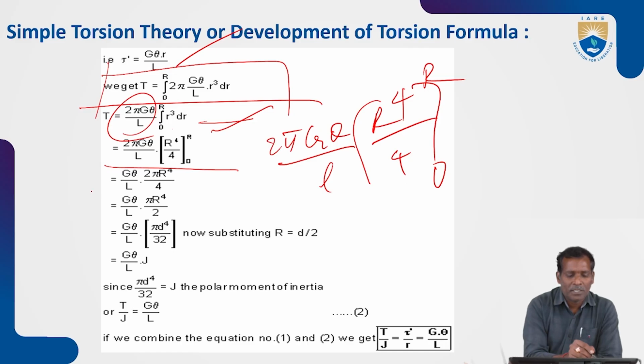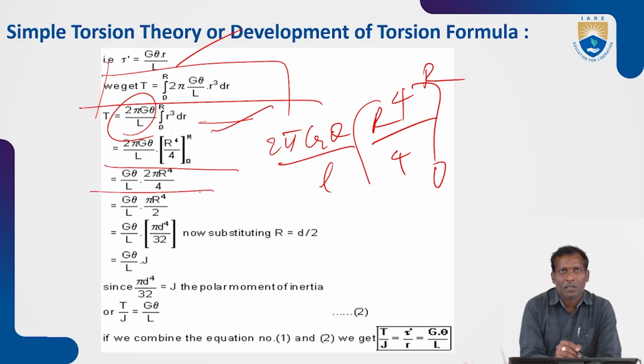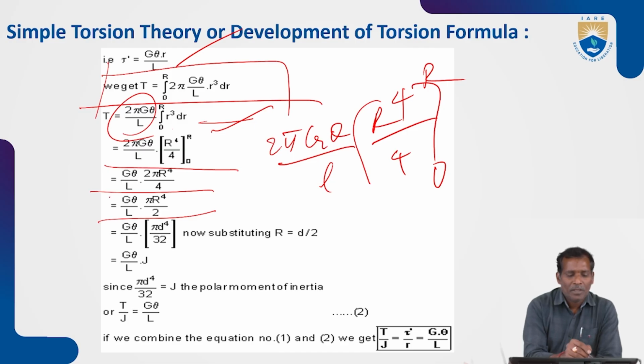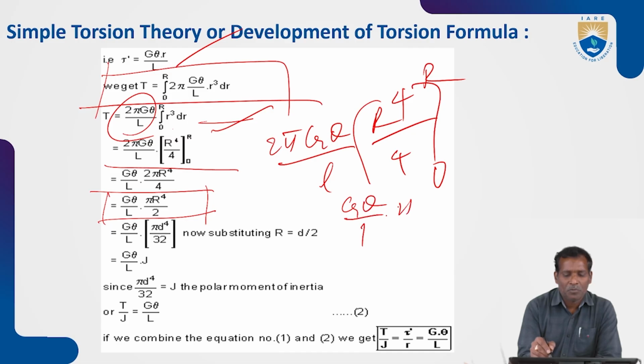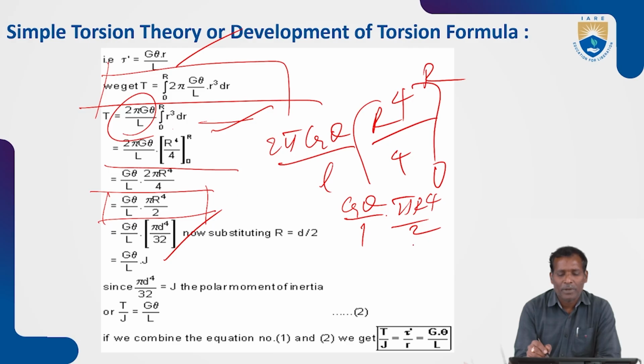So now G theta by L into 2 pi r to the power of 4 by 4, and after simplification you will get G theta by L into pi r to the power of 4 by 2. In place of r, you can write in terms of diameter, pi d to the power of 4 by 32.